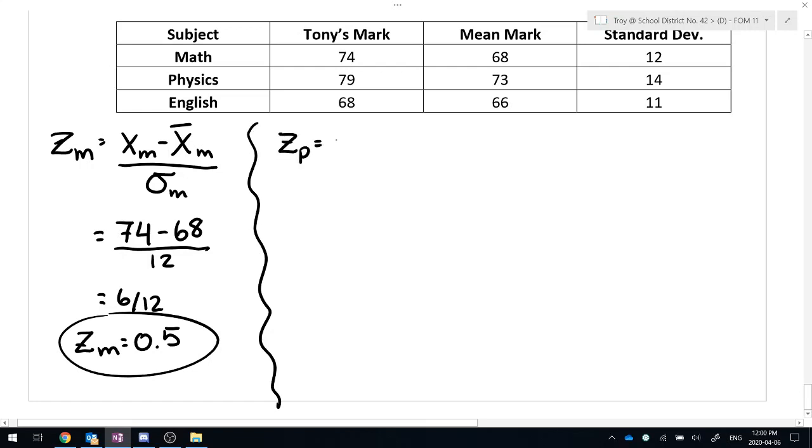ZP. For this one, we're going to take his mark from physics, subtract the average score of the exam from physics, and divide it by the standard deviation of the physics exam. His mark here was 79. The class average for physics was 73. And the standard deviation was 14. So take a look here now.